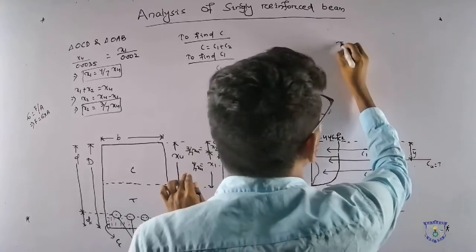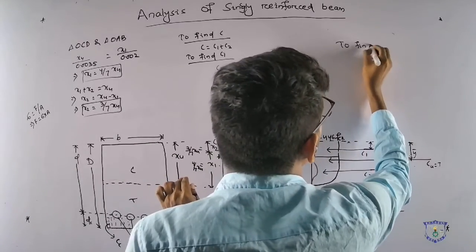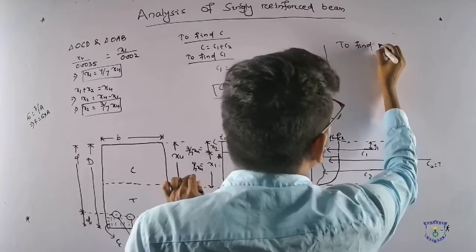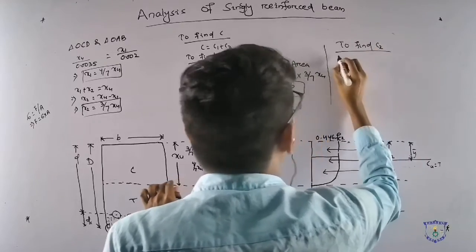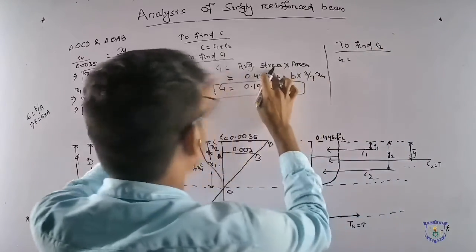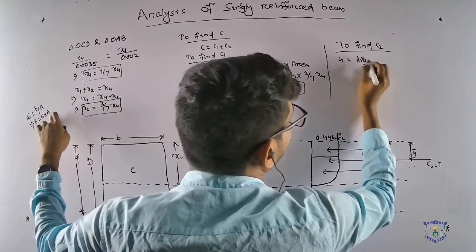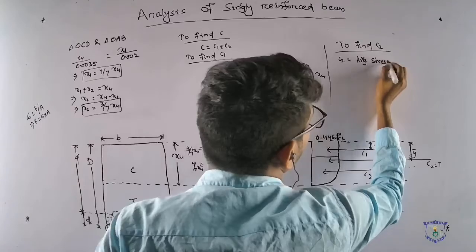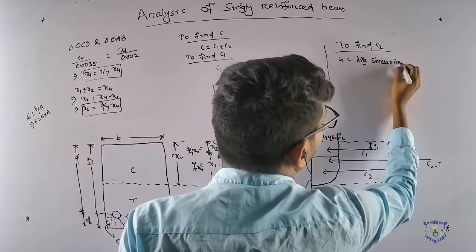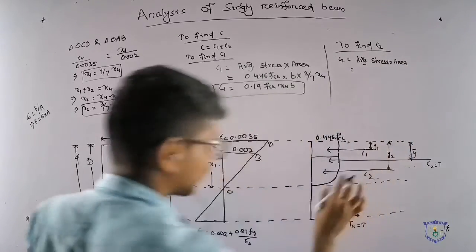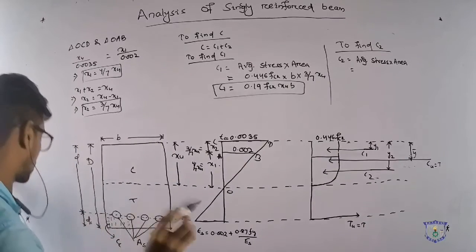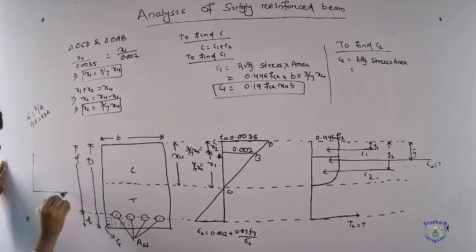Now to find C2, it is the same thing: average stress into area, used for the parabolic section. You know the area of a parabola.